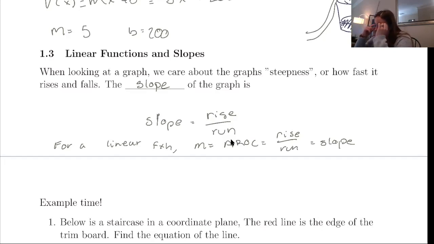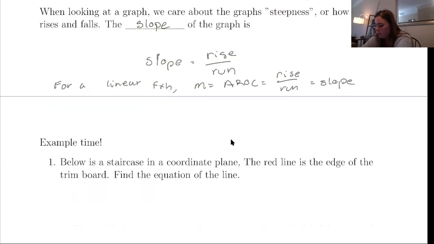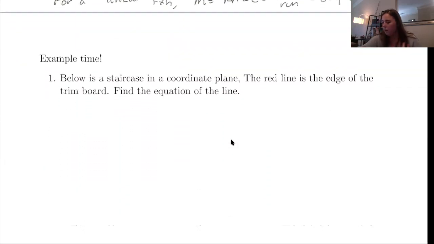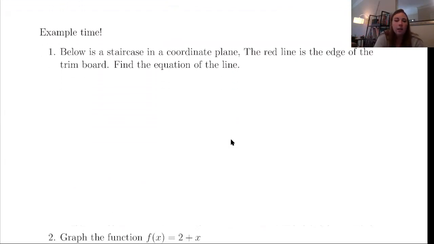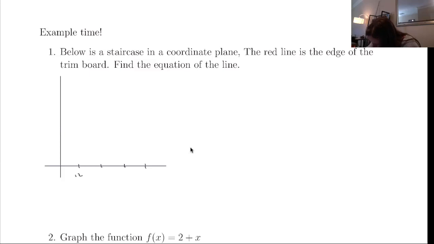So now let's do an example, because I think we're all pretty familiar with rise over run. I forgot to draw this graph, but below in a second will be a staircase on the coordinate plane. Let me draw this really quickly. I meant to do this before class, and I did not. So 1, 2, 3.